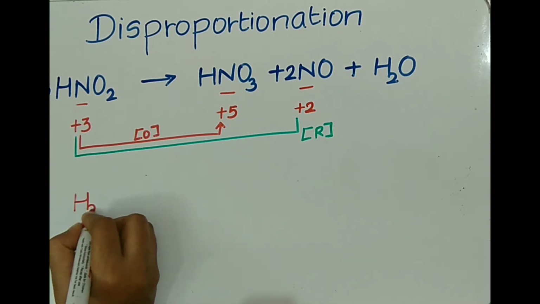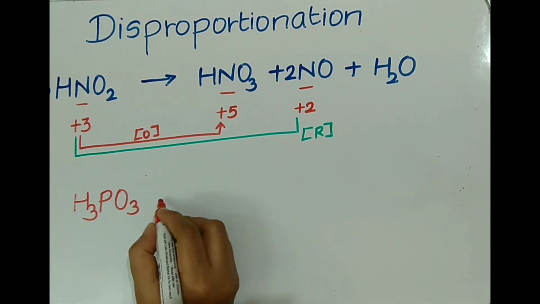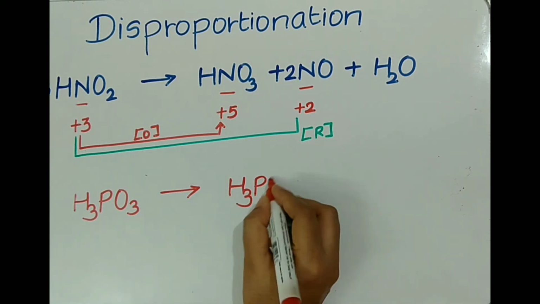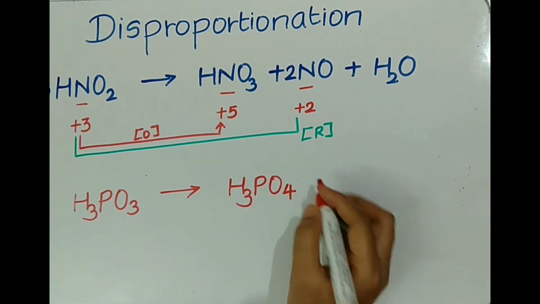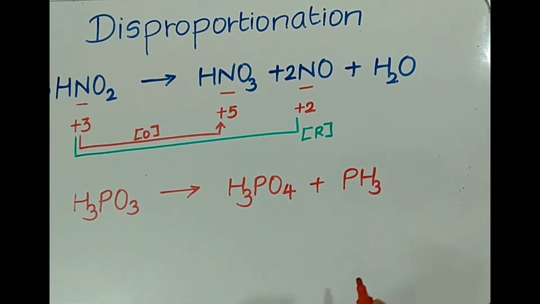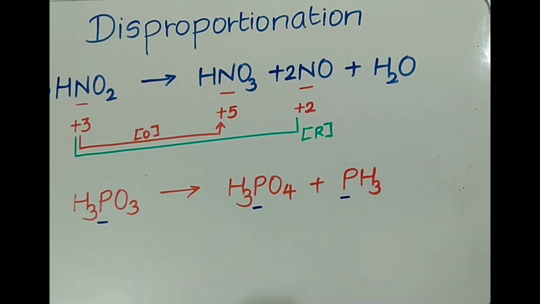Let's check the reaction for phosphorus. H3PO3, that is phosphorous acid, gives phosphoric acid H3PO4 and phosphine PH3. Now let's calculate the oxidation state of phosphorus. Before that, I'll just balance the equation.